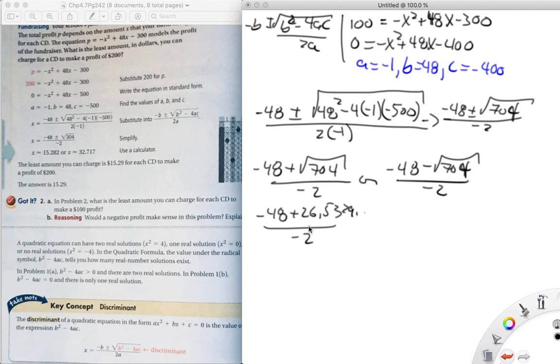I would recommend in this case that you keep whatever calculation you have for the square root and don't round it until the very end, so that you have as accurate a number as possible. Anyway, when I go through all that, I get $10.73.